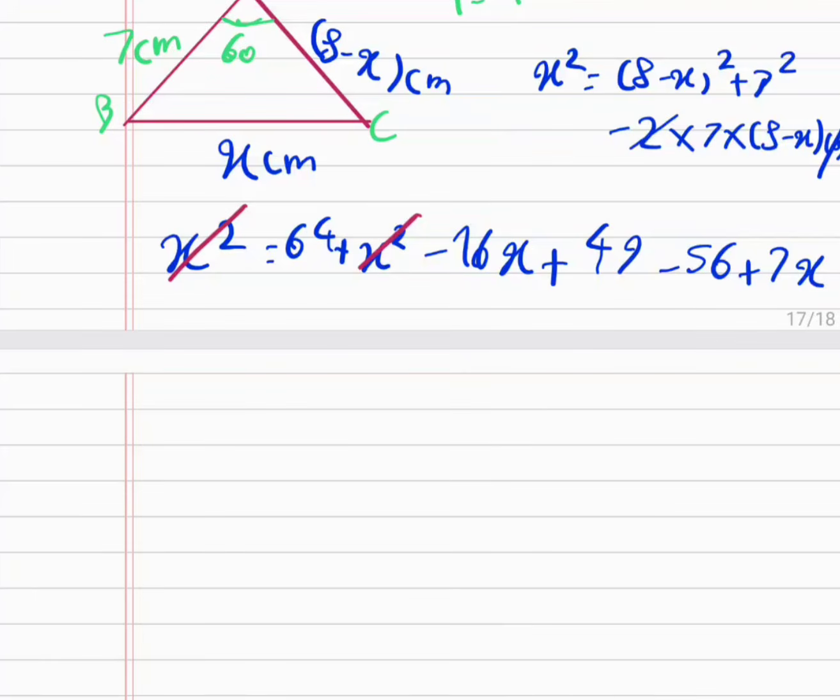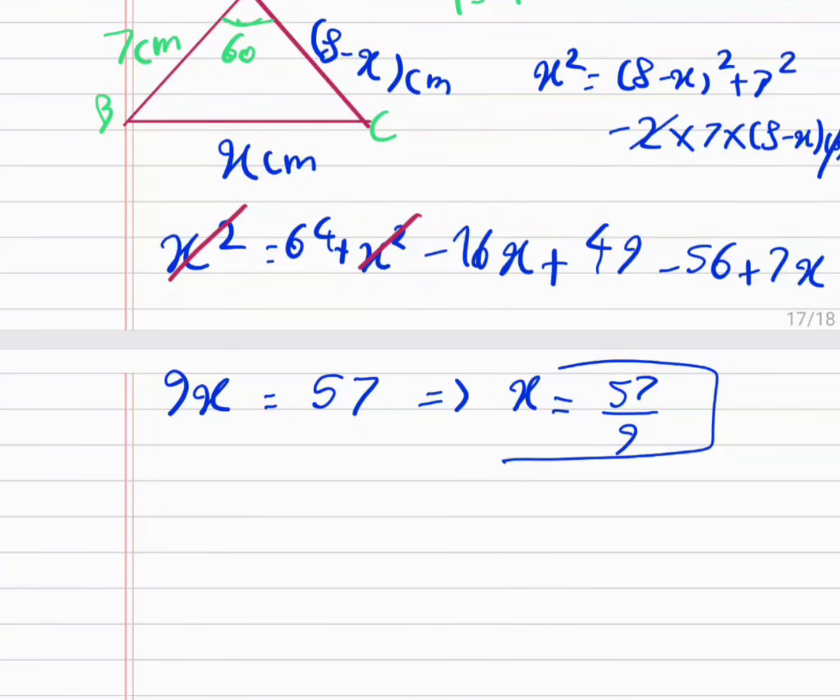So now we are just left with minus 16x and plus 7x. Therefore we get minus 9x, and then moving that to the left we get 9x. Then we have 64 minus 56, which is 8, and then 8 plus 49 is simply 57. Therefore x is equal to 57 over 9.